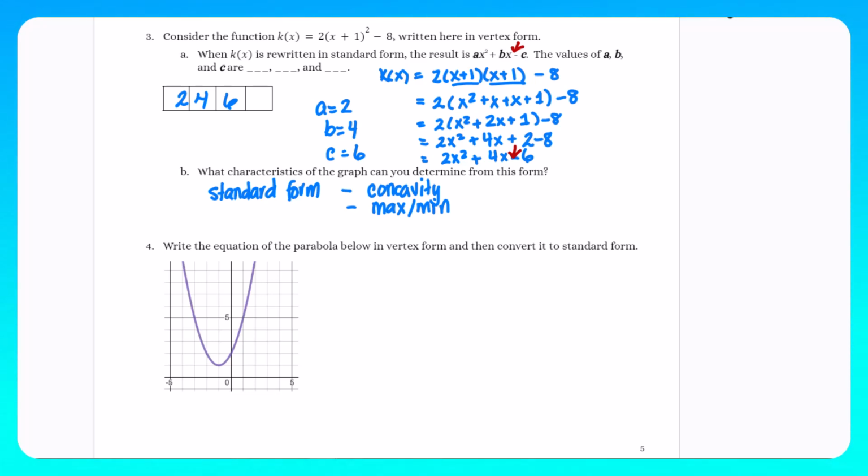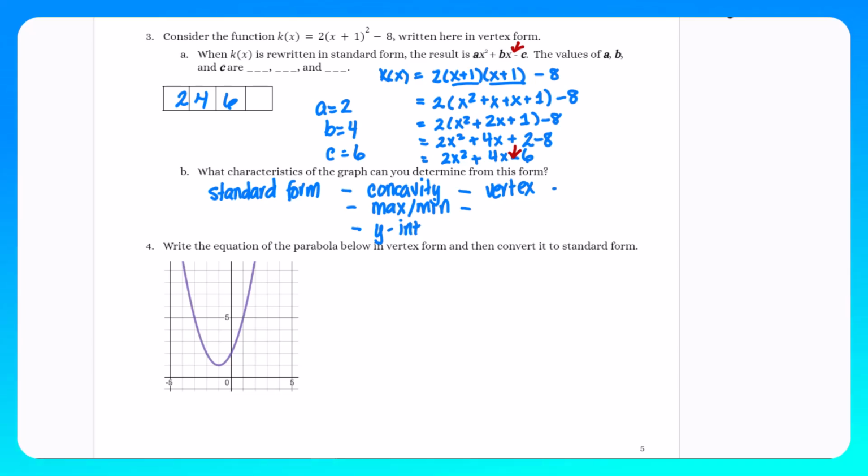We can also determine the y-intercept. Now, in the vertex form that they started with, we can also determine the concavity, max and min in vertex form.